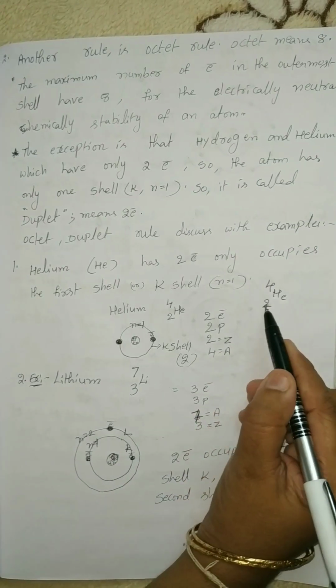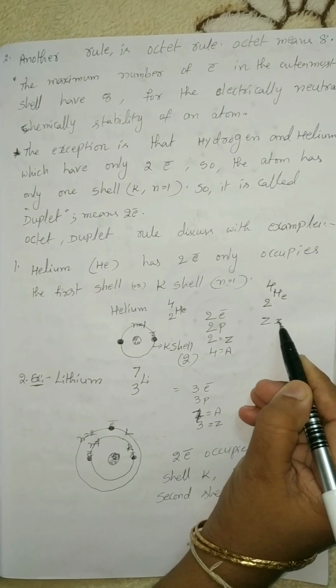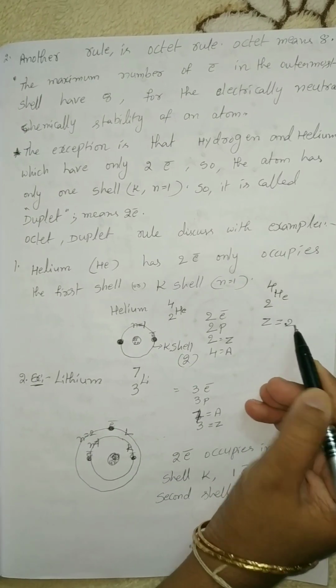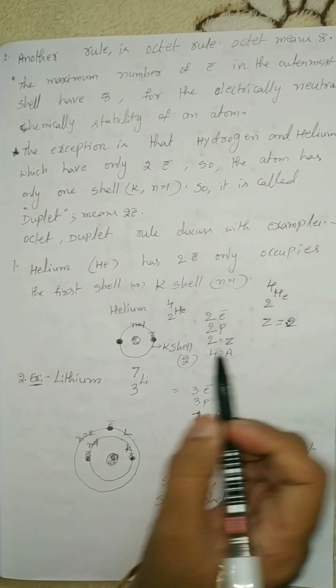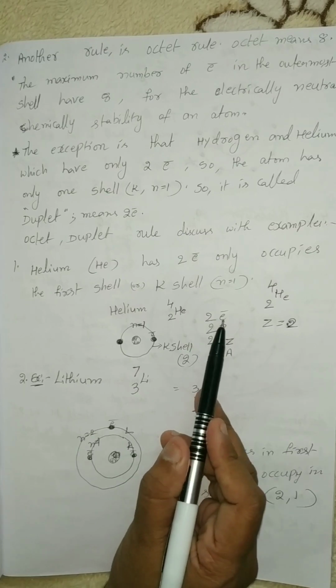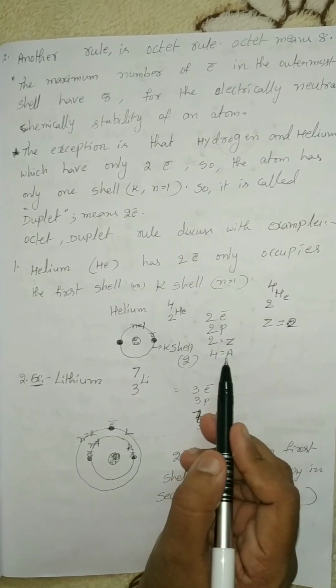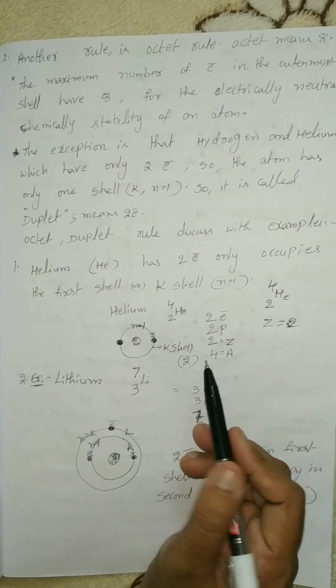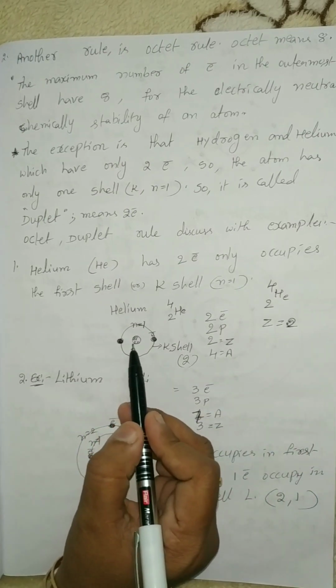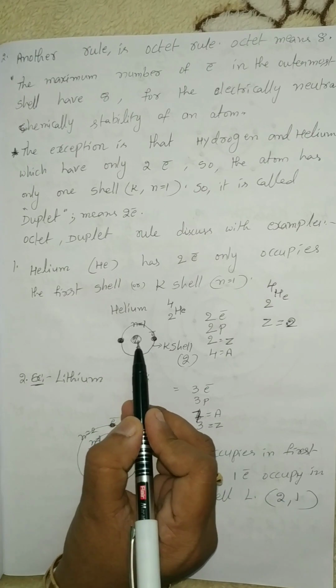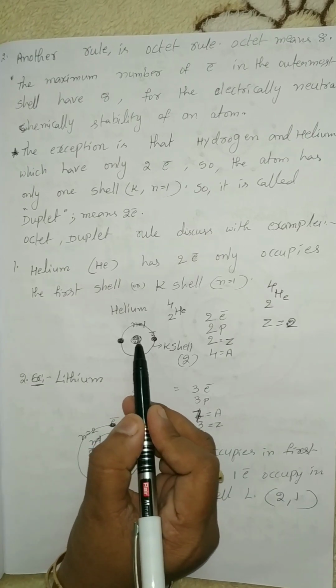So atomic number Z equal to 2, same as protons 2, electrons 2. Mass number 4. So the atomic structure is: this is the nucleus, 2 protons.